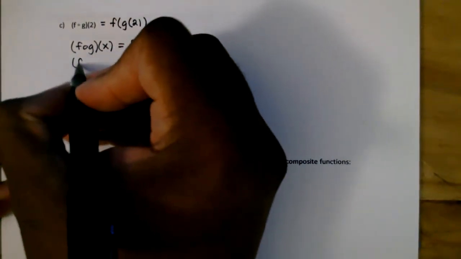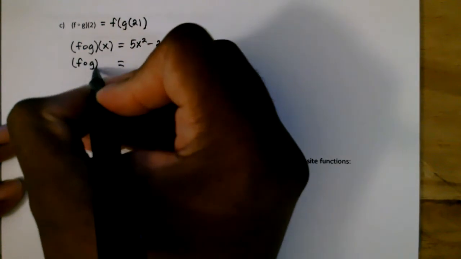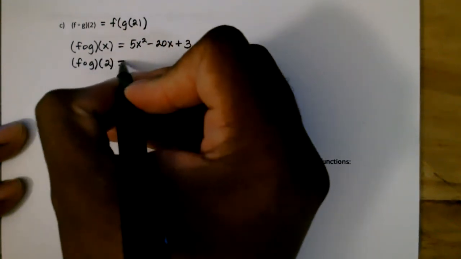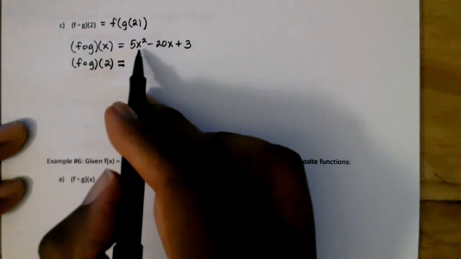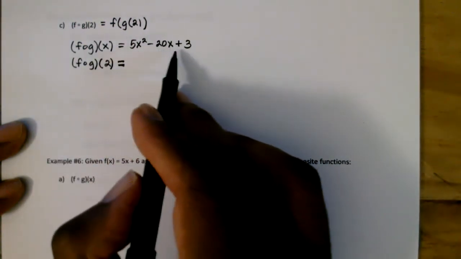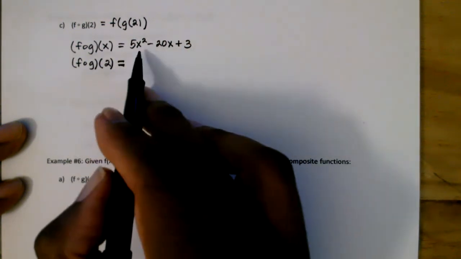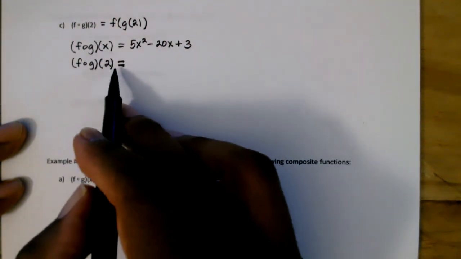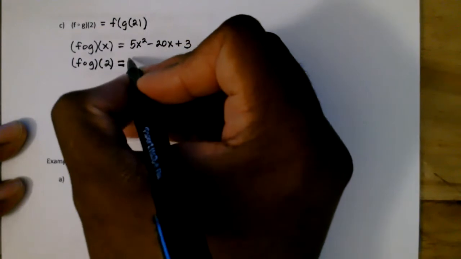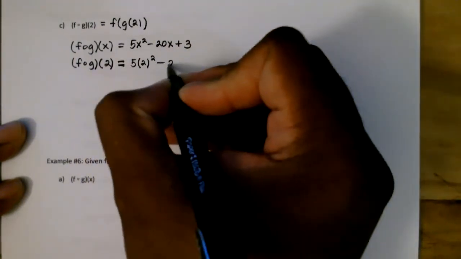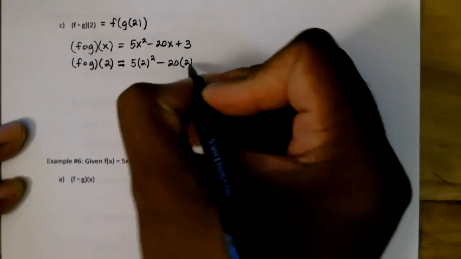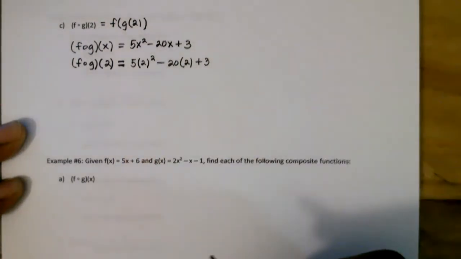But here we want the composition of f with g when x is equal to 2. So let's use this right here, that 5x squared minus 20x plus 3, and substitute each x with 2. So here's what we're going to have. 5 times 2, and that's squared, minus 20 times 2, and then plus 3.